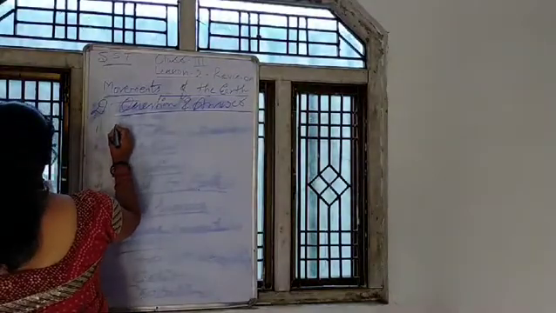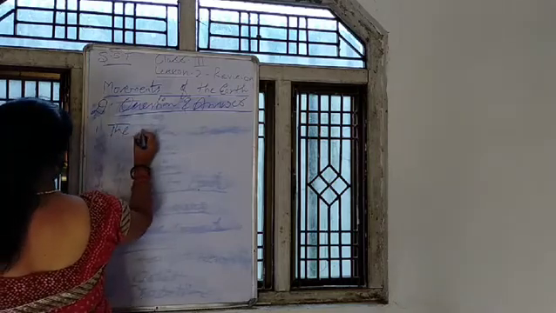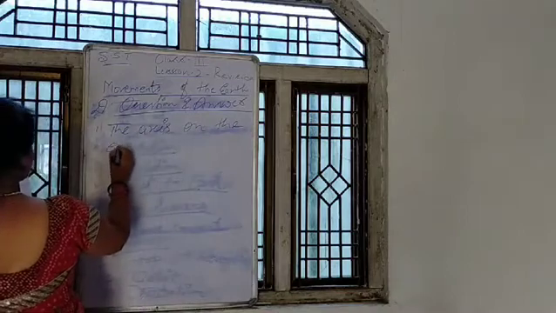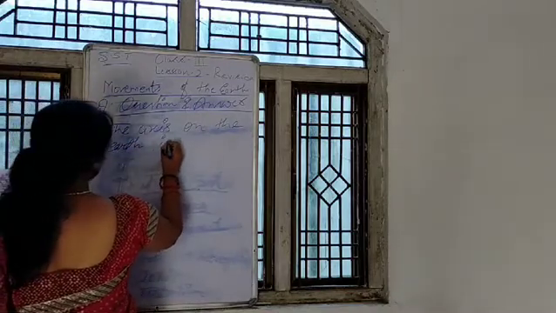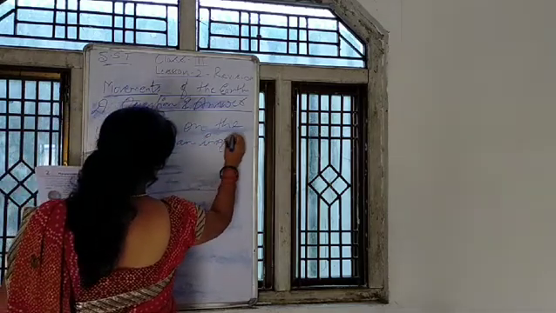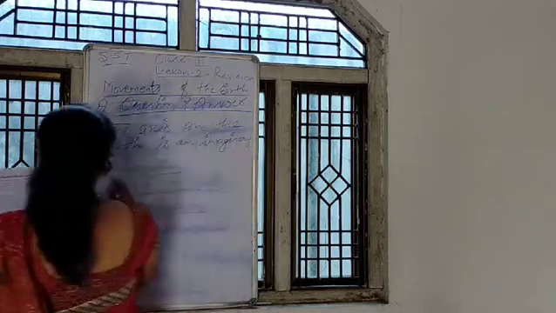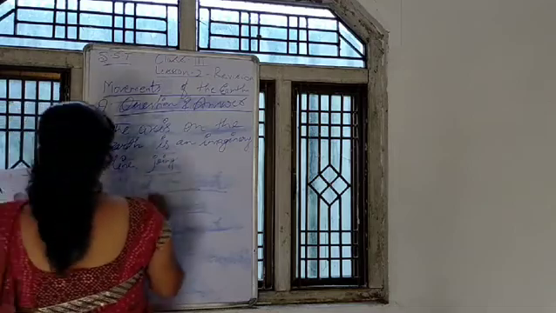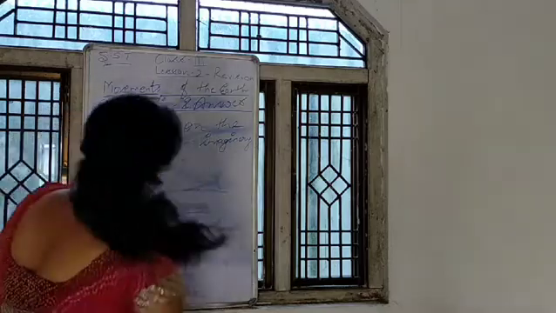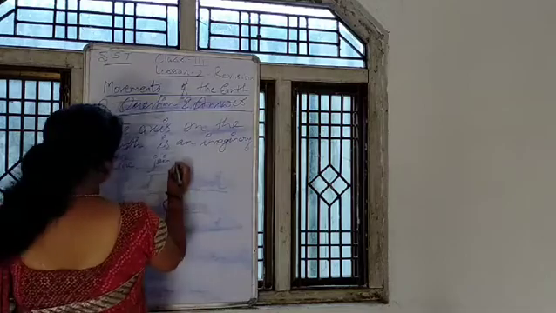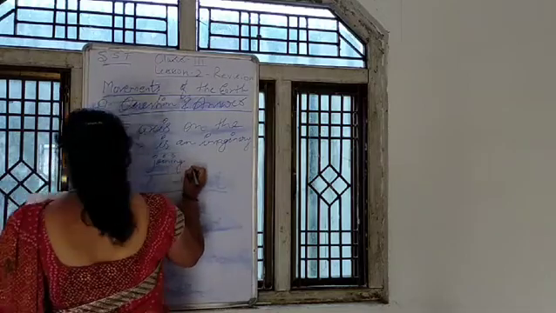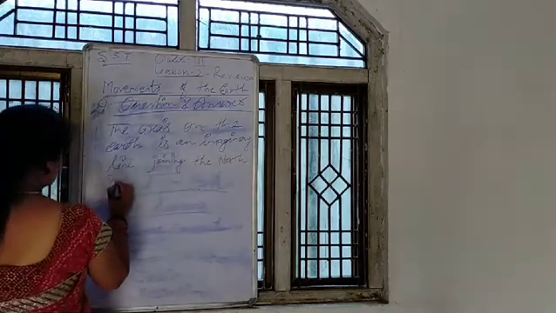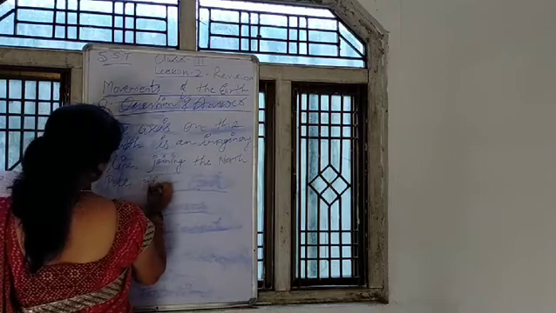The axis on the earth is an imaginary line joining the North Pole and South Pole.